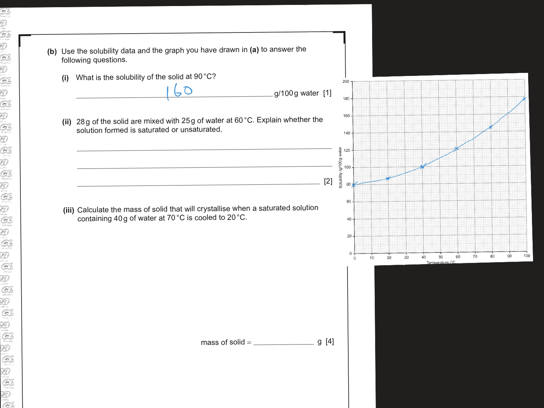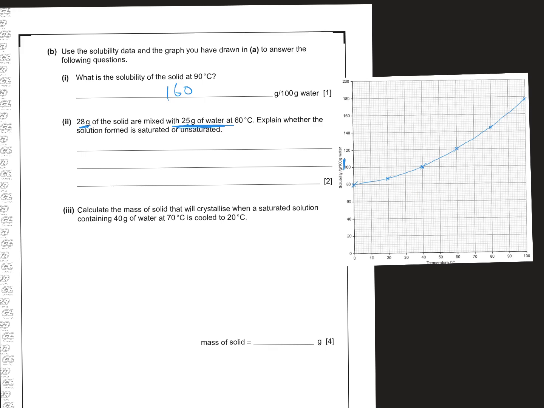Part 2. 28 grams of the solid are mixed with 25 grams of water. Explain whether it's saturated or unsaturated. So for this type of question, you need to remember that the solubility curves are always drawn in grams per 100 grams of water. So you've got to convert this in the question to look like this in the graph, if that makes sense.